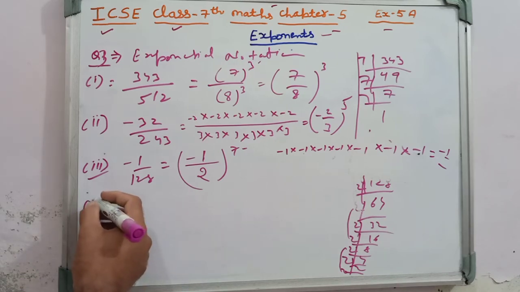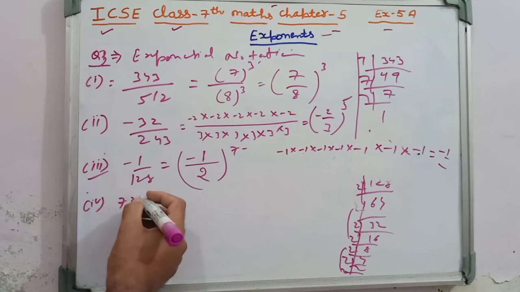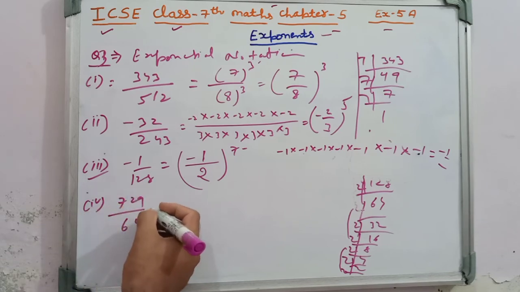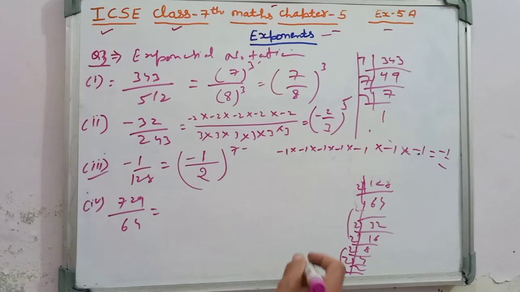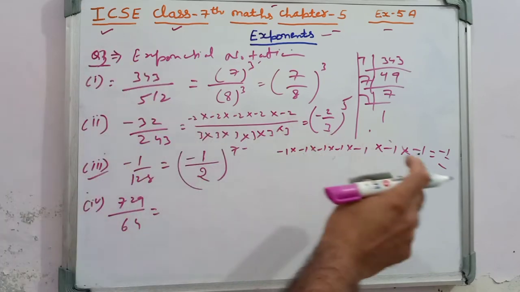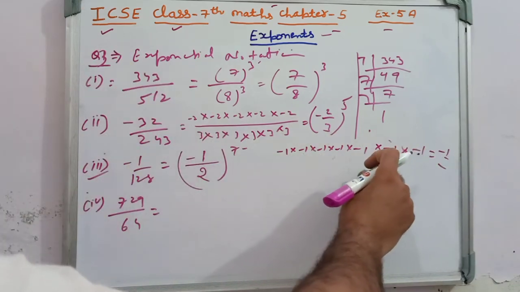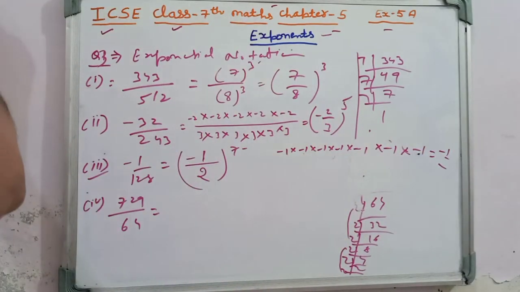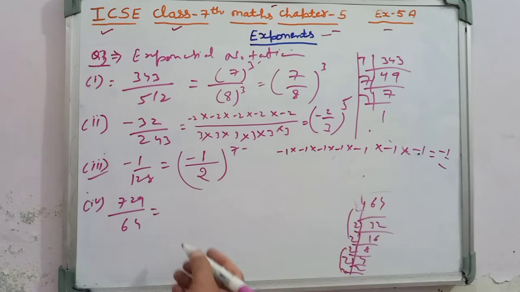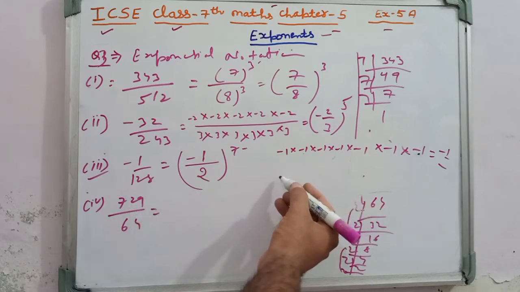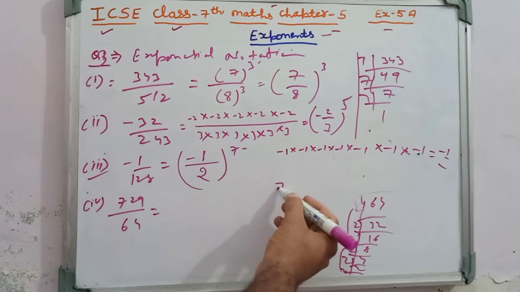Now question number 4: 729 upon 64. So factors of 64 could come from here. We need only this 64: 1 2 3 4 5 6. As it is having 6, we can make 729.